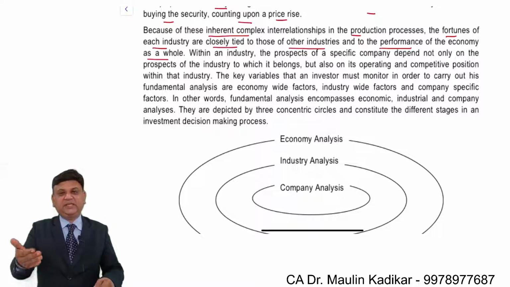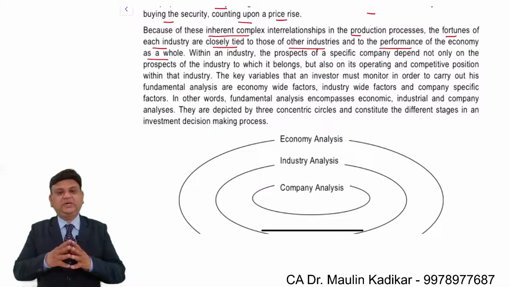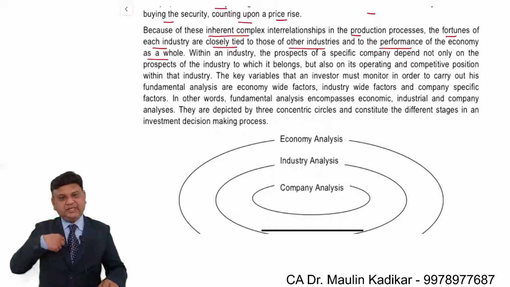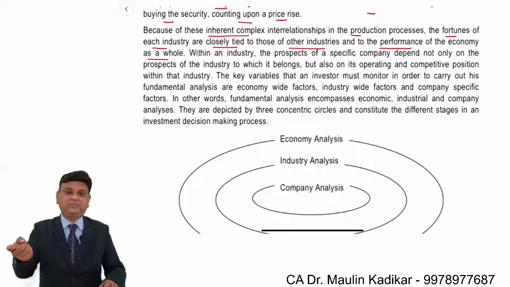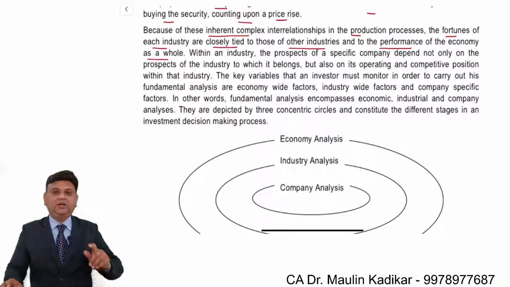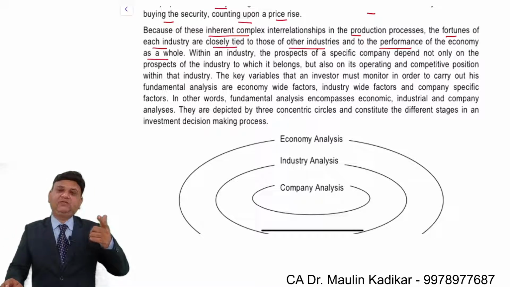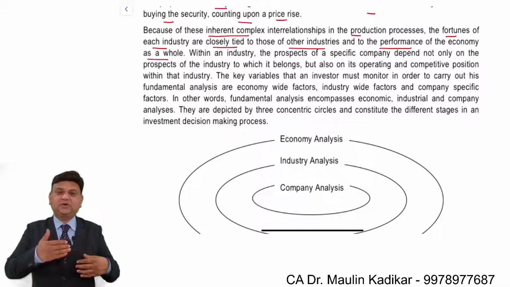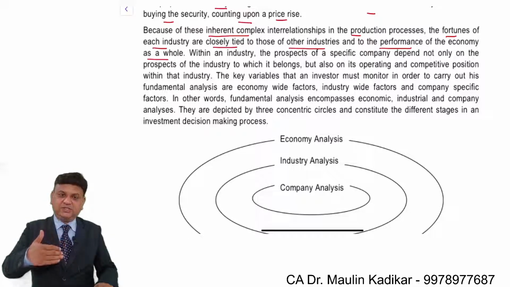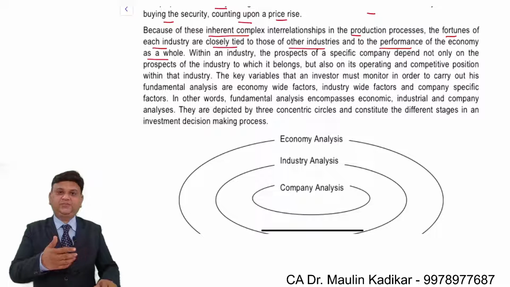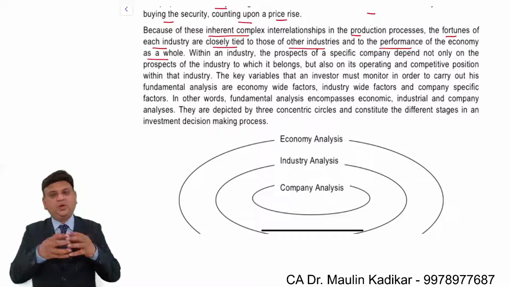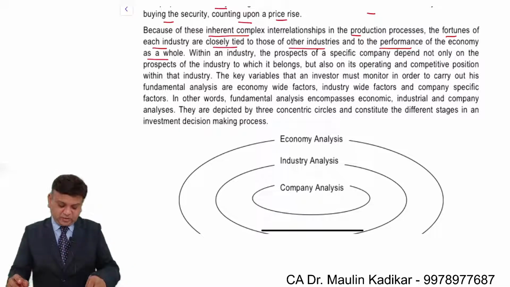In that case, they require some automation. They require certain software to manage their business. So the business of IT depends upon the business of other companies. In which situation will a logistics company get business? When a textile company has a business in which it requires logistics services for transportation. So this point says that all the industries are, one way or the other, connected to one another.